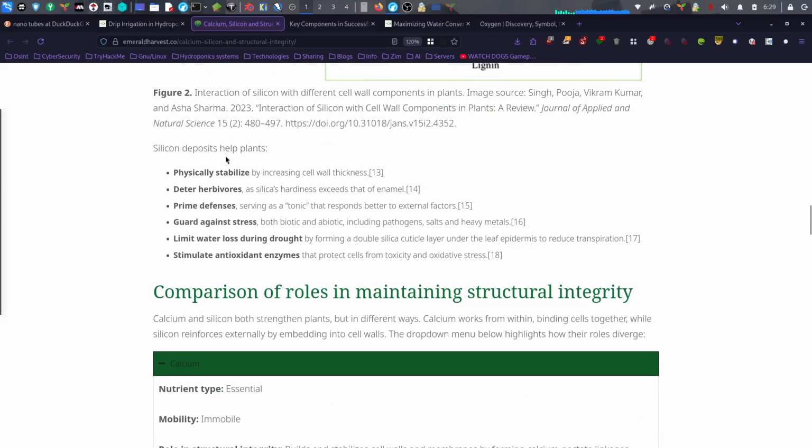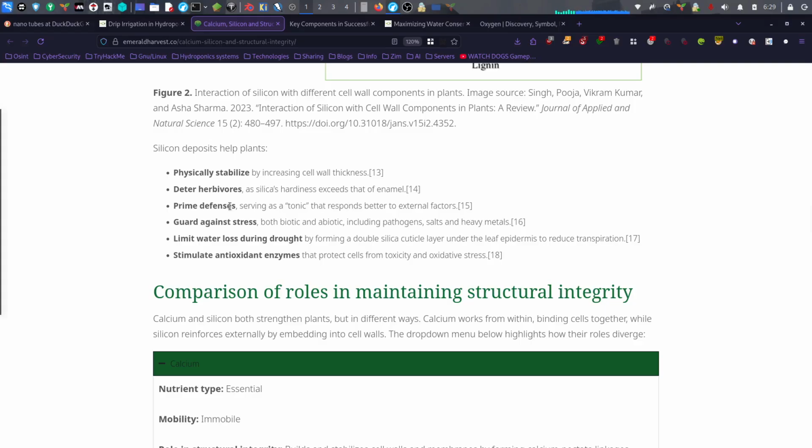Silicon deposits help plants physically stabilize by increasing cell wall thickness. They deter herbivores, as silica's hardness exceeds that of enamel. Prime defenses, serving as a tonic that responds better to external factors.